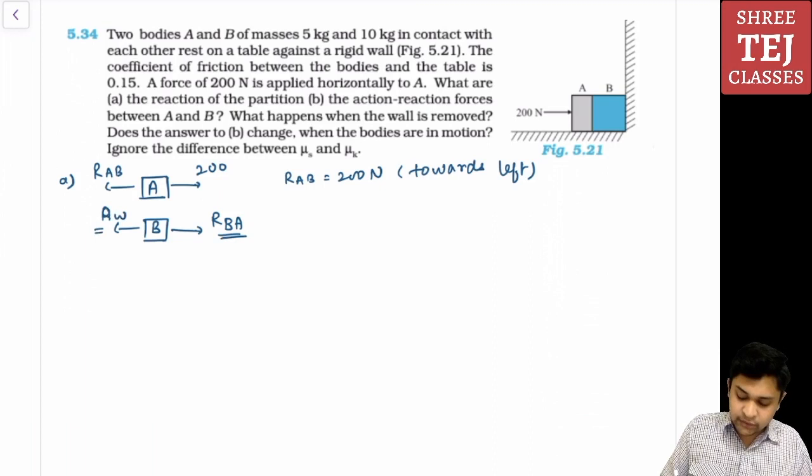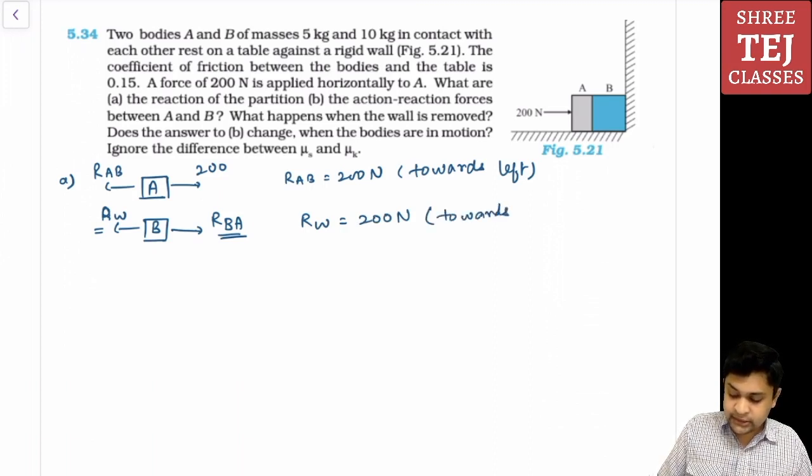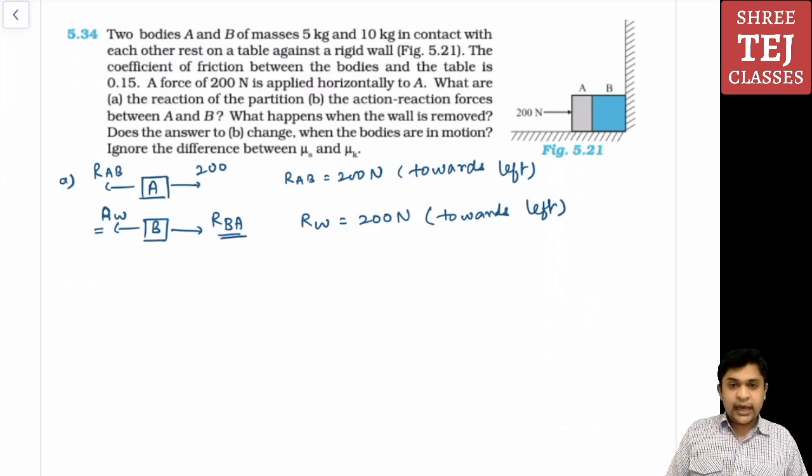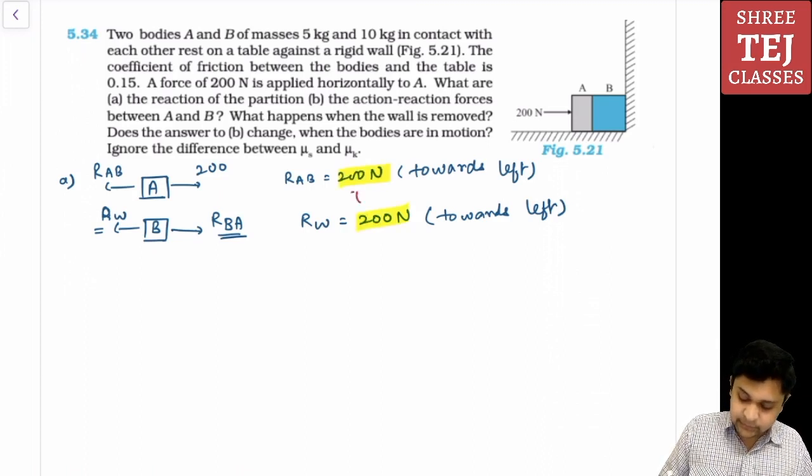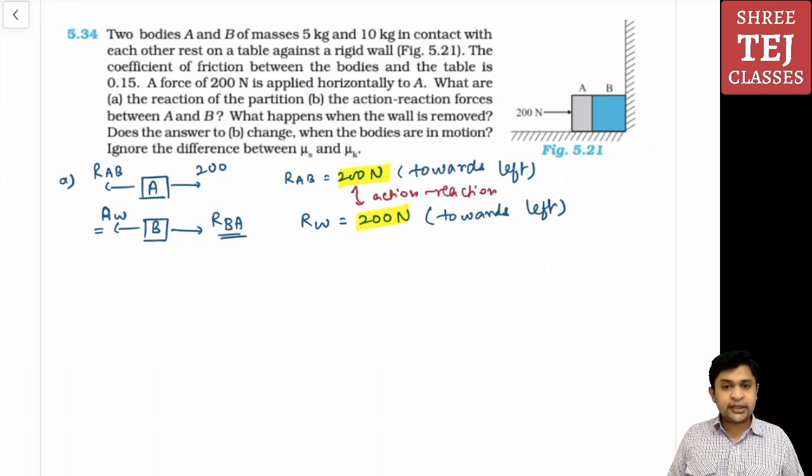So reaction from the wall will also be 200 Newton, that too towards left. And action reaction forces between them would be 200 Newton. These are action reaction forces.